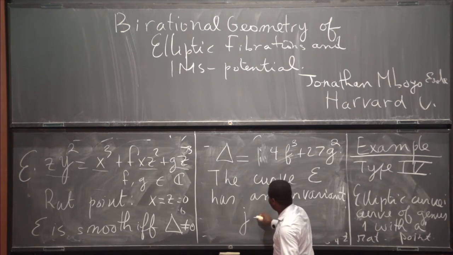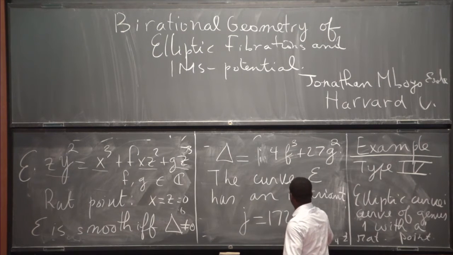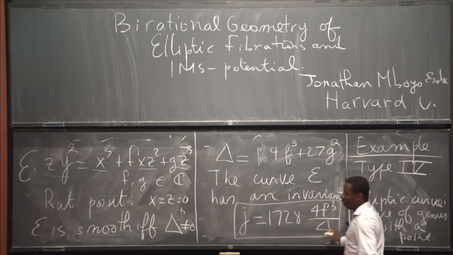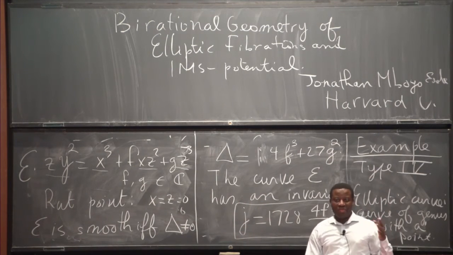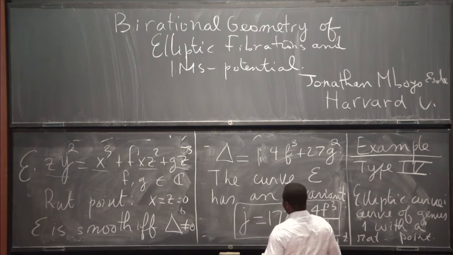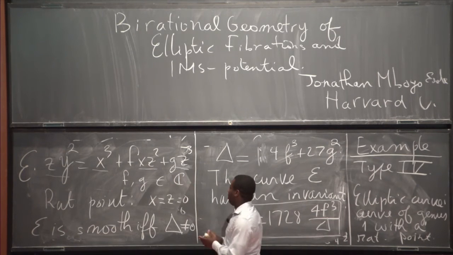But here I'm just going to write it for later use. This is called the J invariant of the elliptic curve. If I have two elliptic curves that have the same J invariant, they are always isomorphic to each other. And here I'm actually working over the complex numbers.